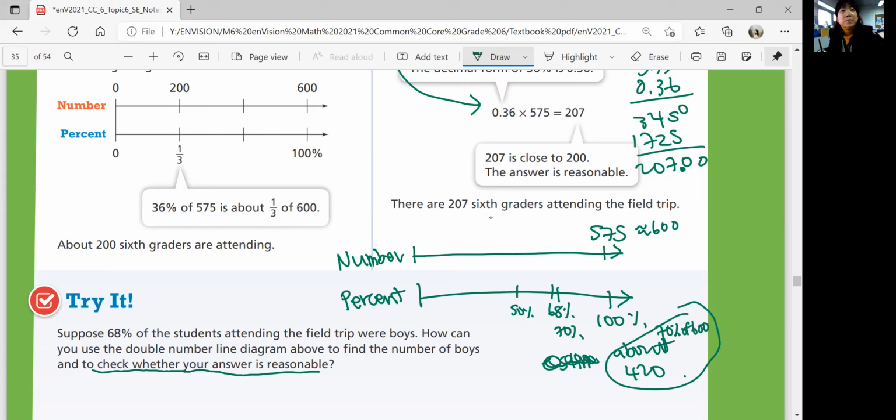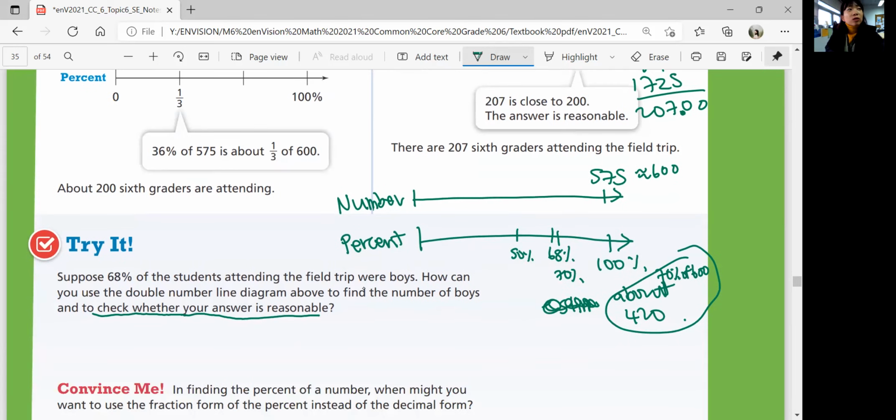But how do you find the exact solution? You change this percentage into a decimal and say, I'm going to write 0.68, and then I'm going to multiply that by the exact number, and that gives me exactly 391.